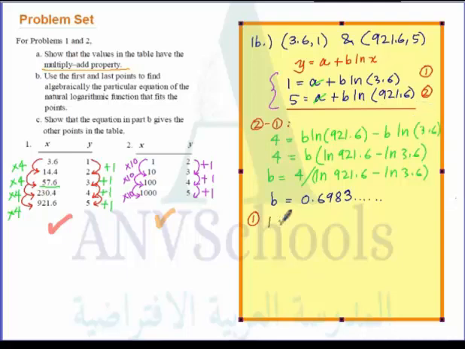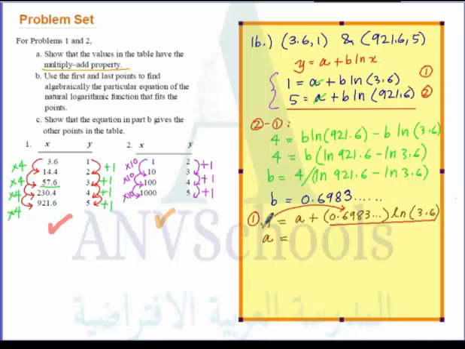So 1 equals a plus b ln of 3.6, and my b is 0.6983. My a is equal to 1 minus this, because we will transform this product to the left side.